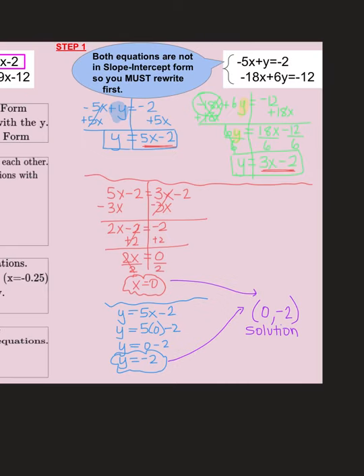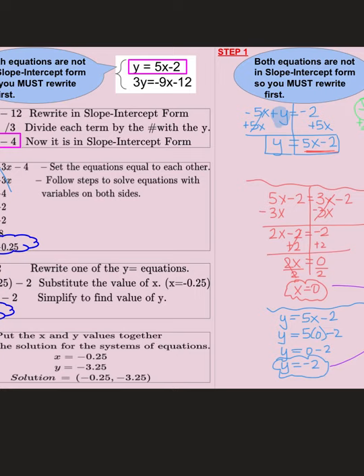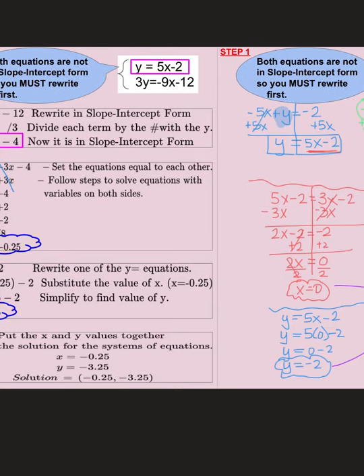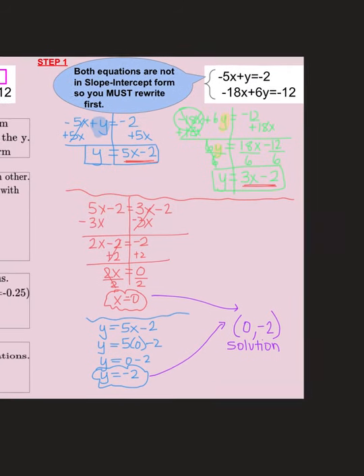So just a quick review. Remember, the equations need to be in slope-intercept form. If they are not, you rewrite them like I did here. Sometimes, like you saw on previous examples, the first equation was already in slope-intercept form. So make sure the equations are in slope-intercept form. Rewrite them if they are not.